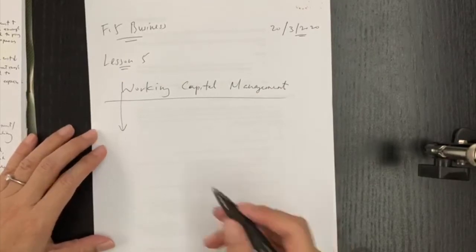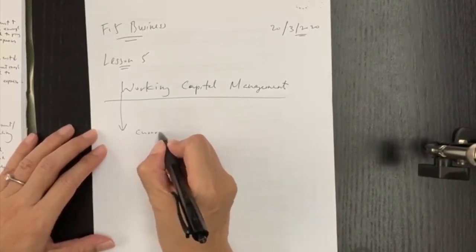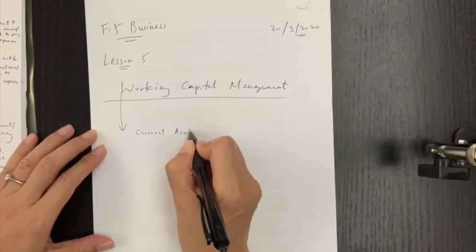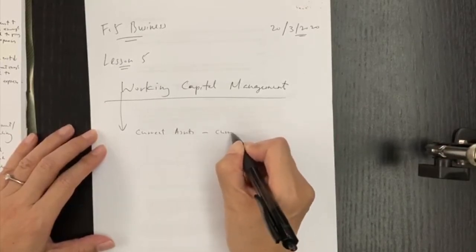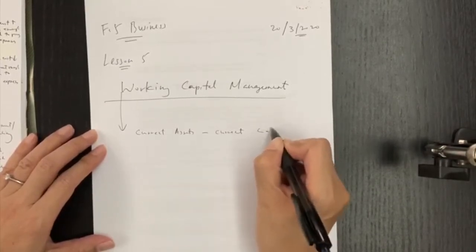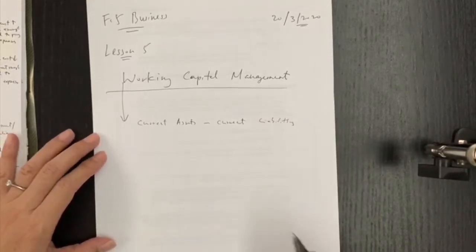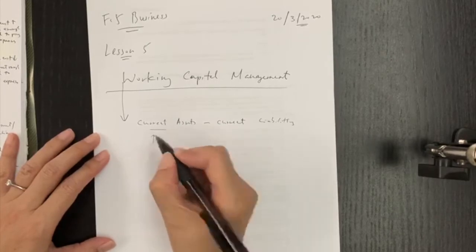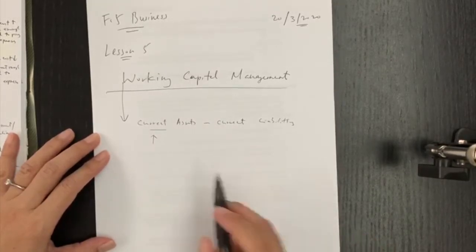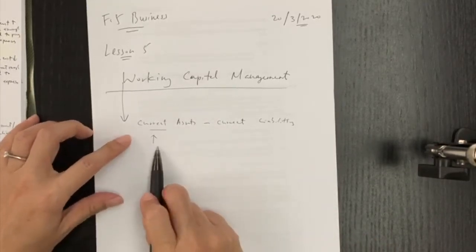So working capital is equal to current assets, remember that, minus all the current liabilities. This is working capital. Let's look at current assets. Can I have all the examples for current assets?